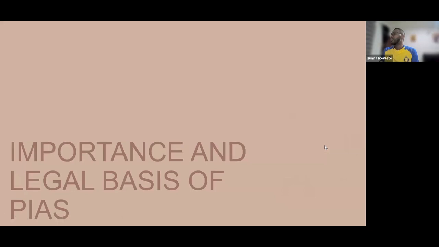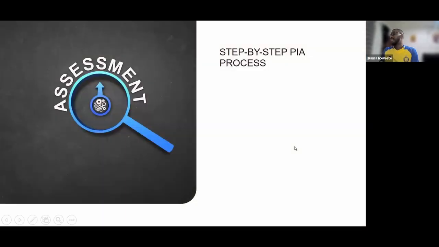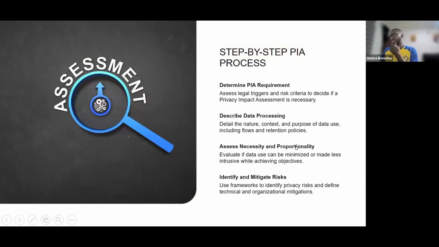So we now begin to look at how do we document these activities? How do we document? We have identified all this. How do we report? How do we make final decisions? How do we ensure everyone is right in place?